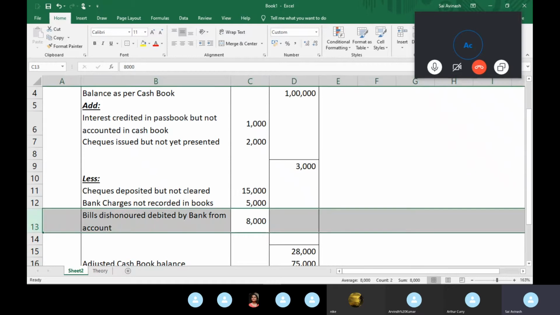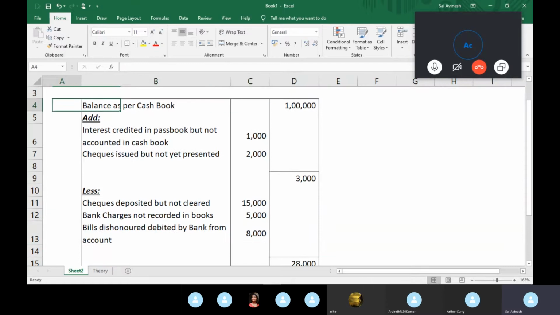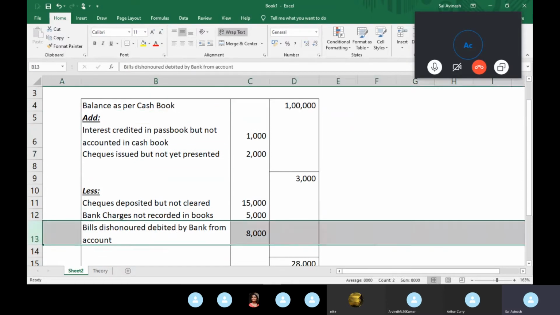My bank would have approached the person who gave me the bill, but they would have basically disowned the bill. So the balance from my account would have been reduced. So the bill value would be reduced from my account, right? Which means I would not know about it yet. So my bank balance as per my cash book is still higher, right? But the passbook is lower. So I'll have to reduce it in order to explain.